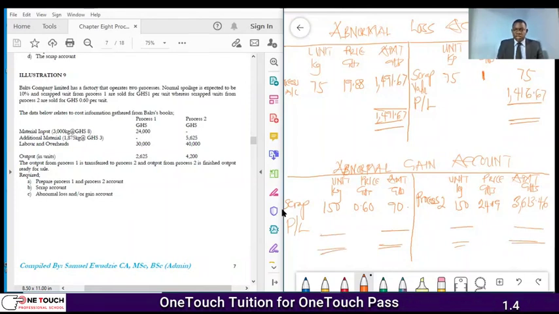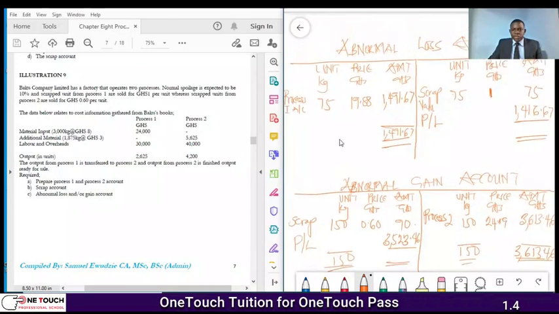Don't forget that here you are interested in the value of the gain. So we have 3,613.46 minus 90. So the amount that will be transferred to P&L is 3,523.46. Okay, good.